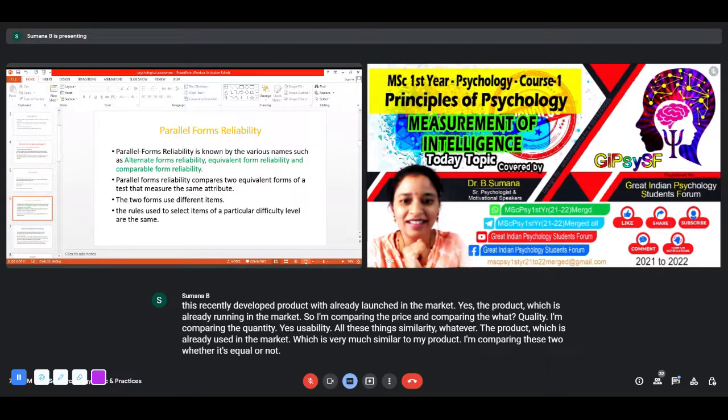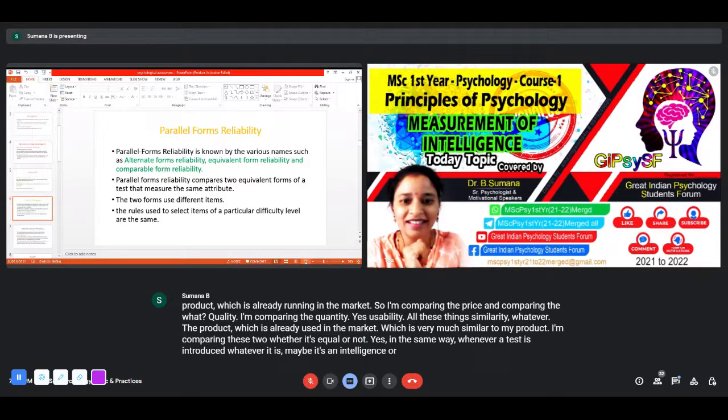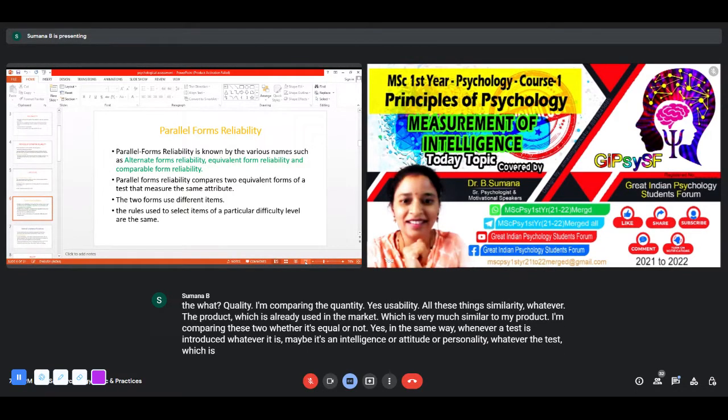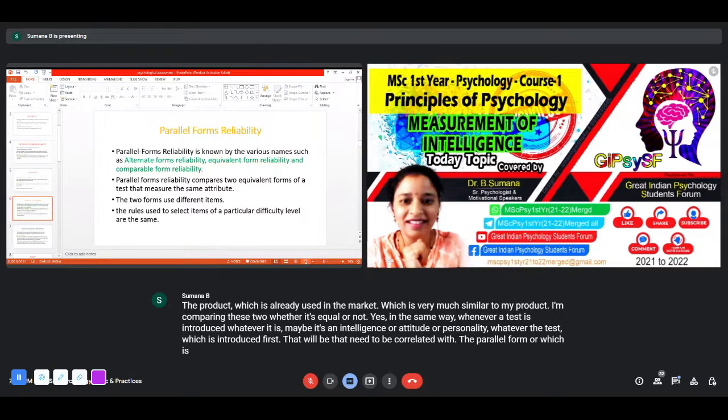Yes, in the same way, whenever a test is introduced, whatever it is, maybe it's intelligence or attitude or personality, that test needs to be correlated with the parallel form or an already established test.